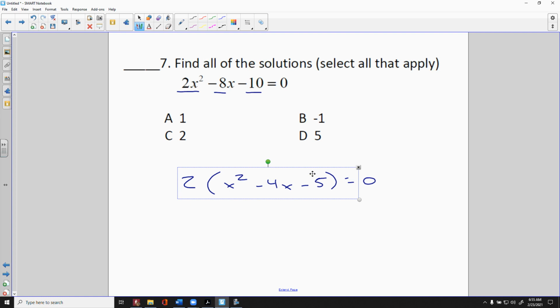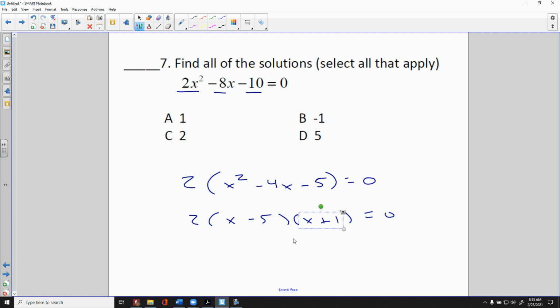We can use the quadratic formula. If you do, you should wind up with the same answers, right? And the reason why I factor, I just think it's easier to say, hey, what are the factors of negative 5 that add up to negative 4? x minus 5 and x plus 1. That should work.